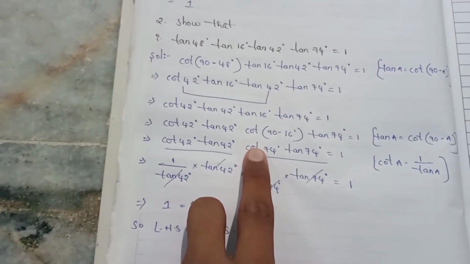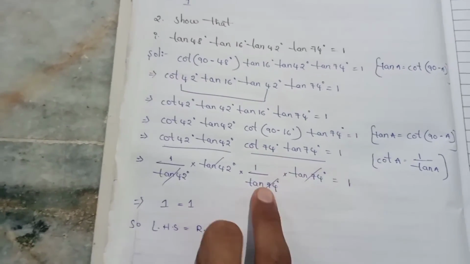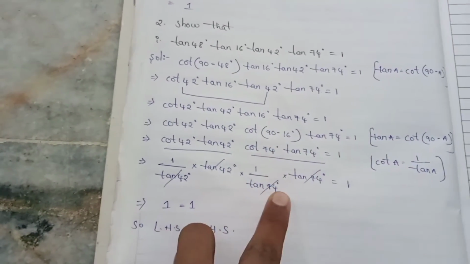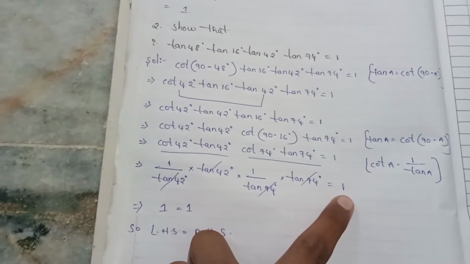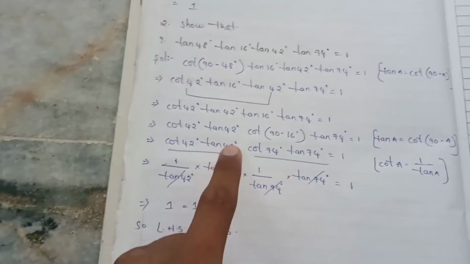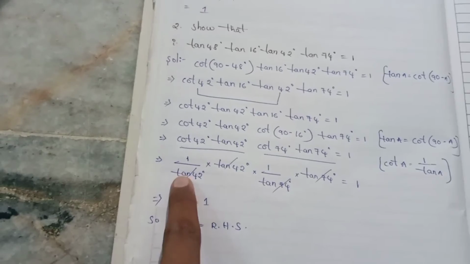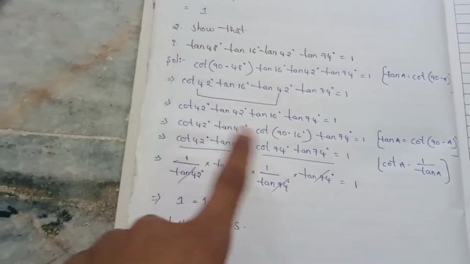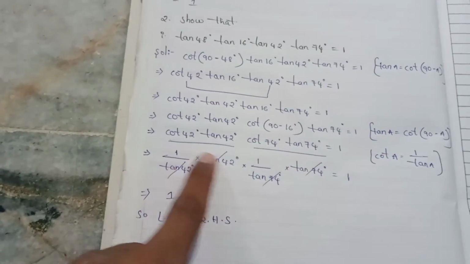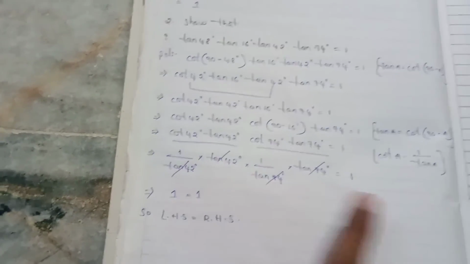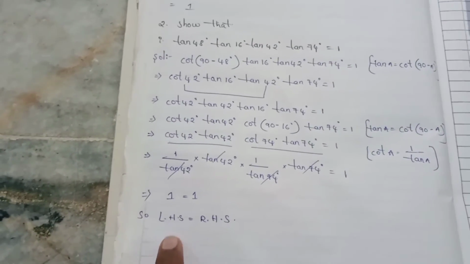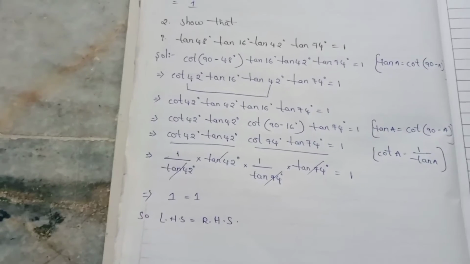Times cot 74 means 1 by tan 74 degrees times tan 74 degrees is equal to 1. See, both are equal here also. After cancelling, what do we get here? 1 times 1 is 1. 1 is equal to 1. So LHS is equal to RHS. Hence, we proved it.